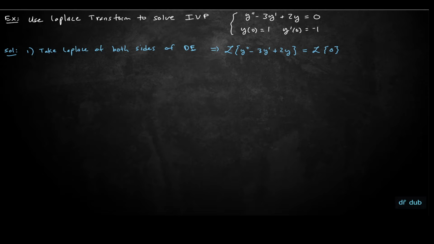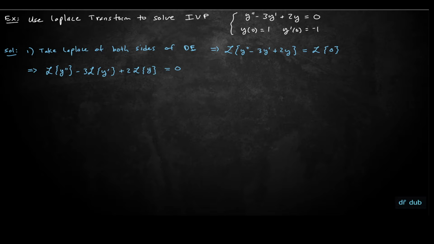And then the left-hand side becomes Laplace of y double prime minus 3 times Laplace of y prime plus 2 times Laplace of y equals 0. So just using that linearity property again.